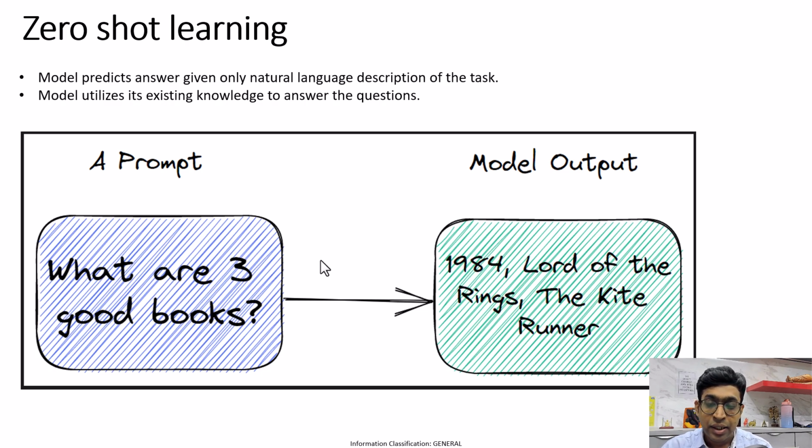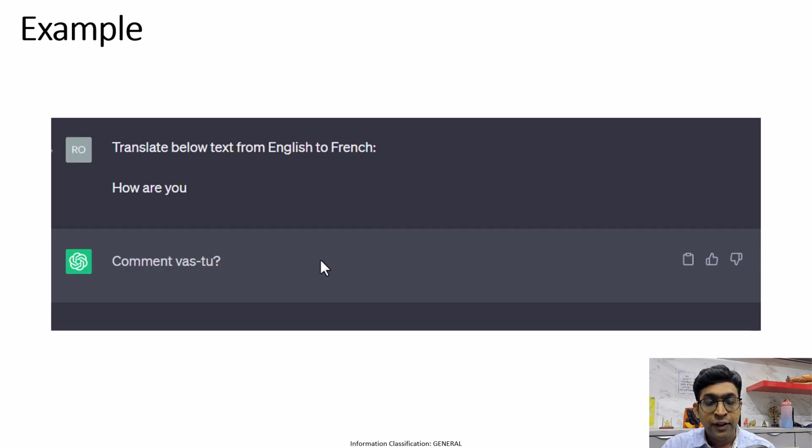Let's understand why this method is so powerful. When we prompt a sentence to translate from English to French, the model is able to translate it very accurately. Now, for a moment, let's think backwards and understand how we used to do this traditionally.